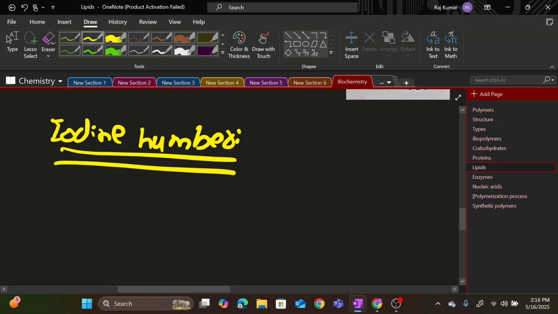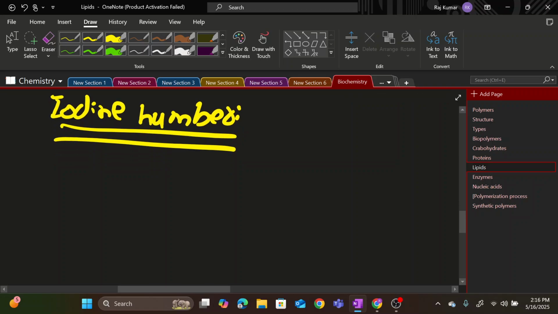Iodine number basically tells us the unsaturation, such that when there is an increased iodine number, it means that there is a high degree of unsaturation in the fatty acid. If a fat has no double bond, then its iodine number is 0. Now, this is an important thing.